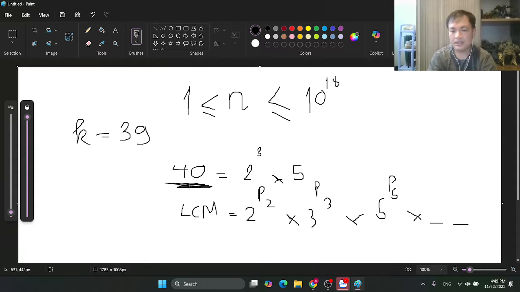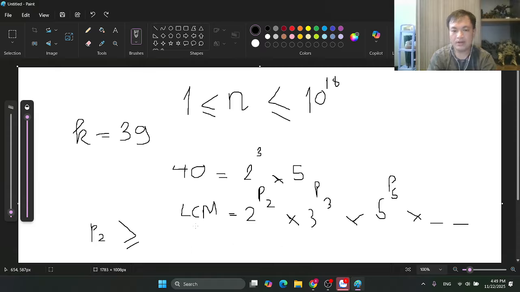So how to find the 40 here? You can say that if 40 is 2 to the power of 3 multiplied by 5, that means P2 must be bigger than or equal to 3 and P5 must be larger than or equal to 1.